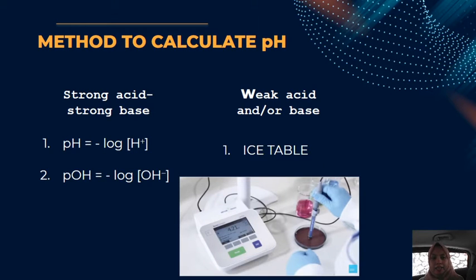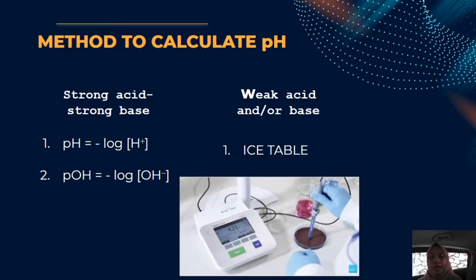Alright, these are the methods to calculate pH for strong acid and strong base, and also weak acid and weak base. There are differences because for strong acid and strong base, we use pH equal to negative log of the concentration of hydronium ion, and for the pOH, we use the negative log of the concentration of hydroxide ion.